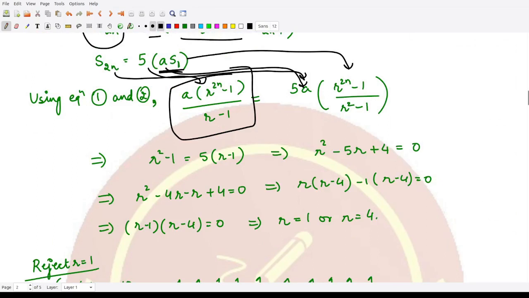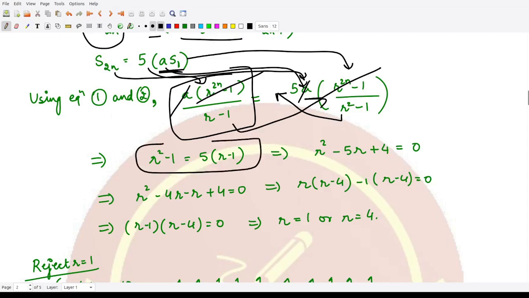So what you can do, here you see this a and a get cancelled with each other. This term gets cancelled with this term, right? So this r square minus 1 could be taken on the left and r minus 1 could be taken on the right, so that you would have this term. Now you can simplify this. You can multiply the terms together and shift it to the left hand side, so that we would have r square minus 5r.